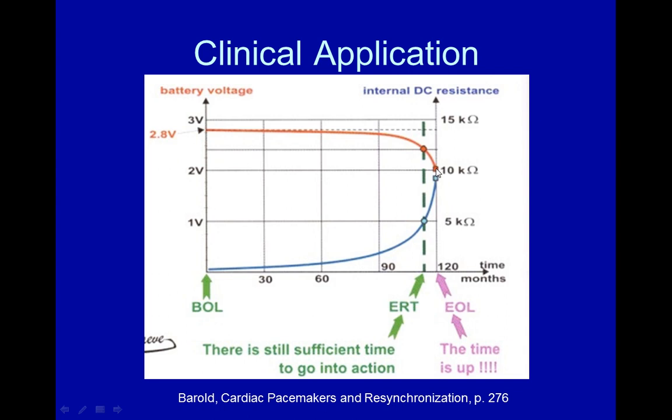And then eventually the battery's voltage and resistance will get to the point where the signal is the end of life. These time periods are typically reflected not only when you use your programmer, but they can also be reflected in the response the pacemaker will have to the magnet. So the pacing rate associated with the magnet changes at the ERT and at the EOL.